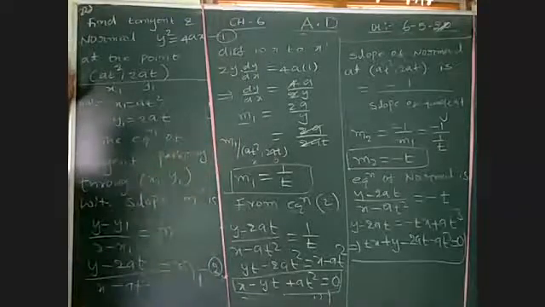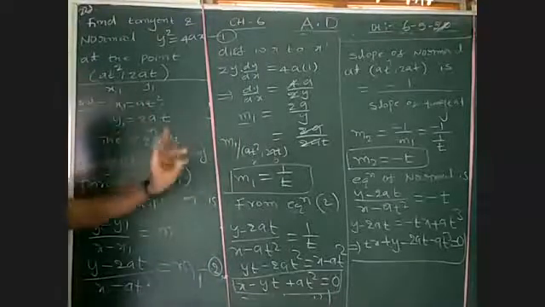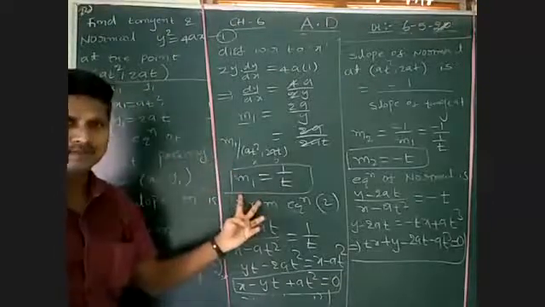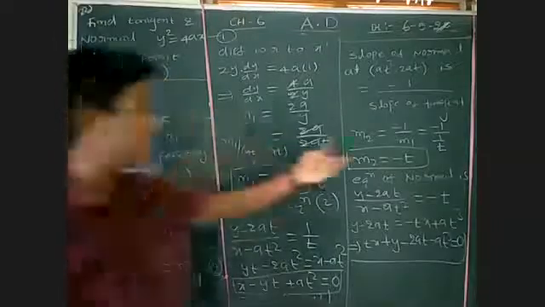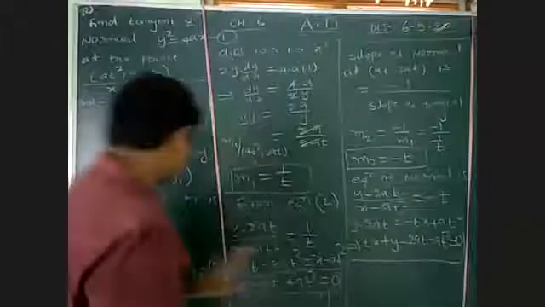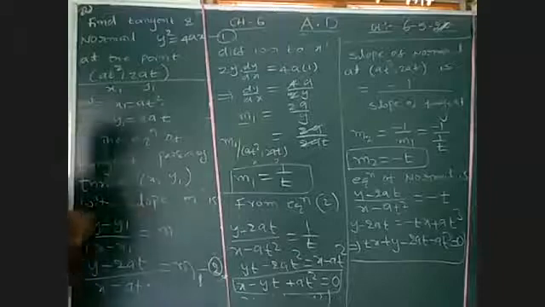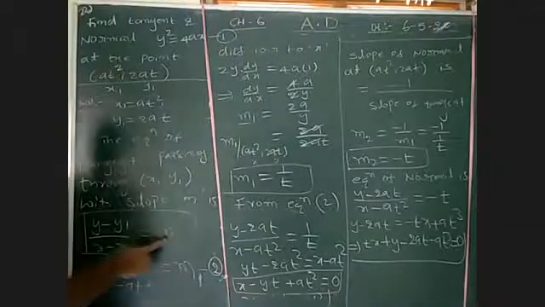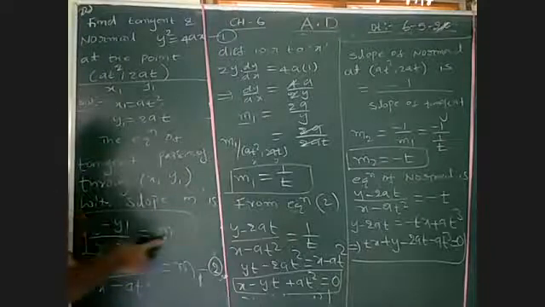To find the tangent equation, we require one point and one slope. The point is already given, just find the slope. For the normal, the point is already given, just find the slope of the normal. After that, the equation cannot change. The equation is the same: y minus y1 by x minus x1 is equal to m. This is called slope point form, right?